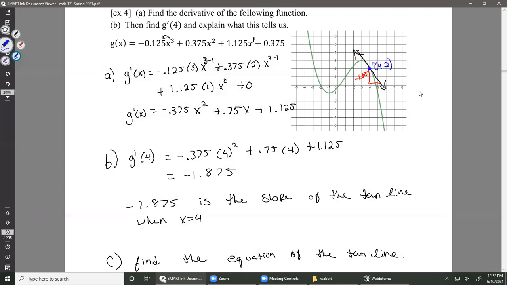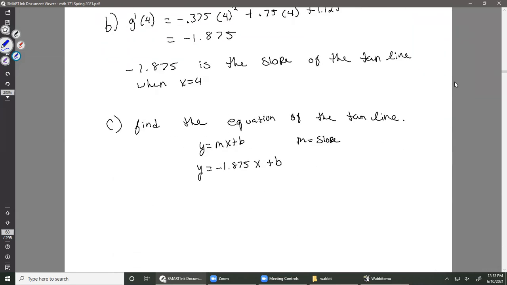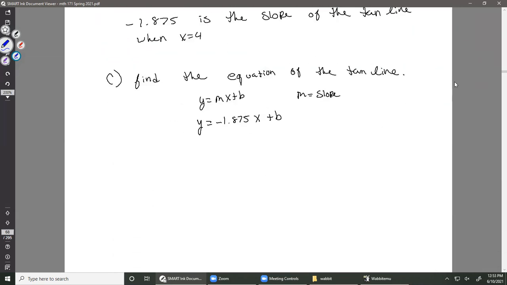It is really close to 2. It's really 2.125, but we're going to use 2. So we're going to get close to the equation of that tangent line. So we're going to plug that in. We get 2 equals negative 1.875 times 4 plus b.